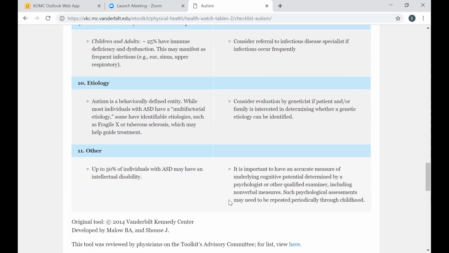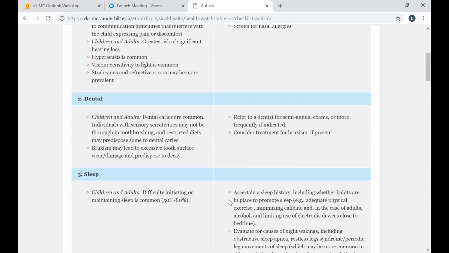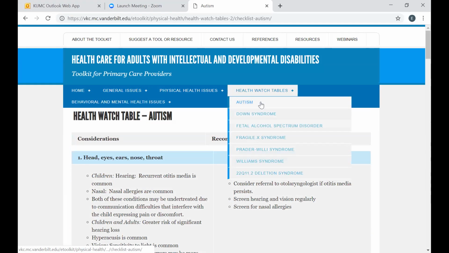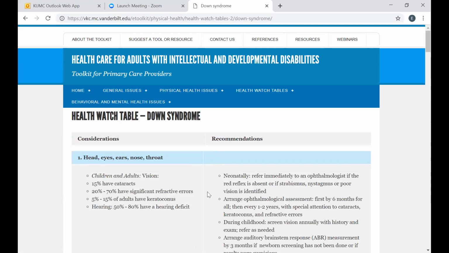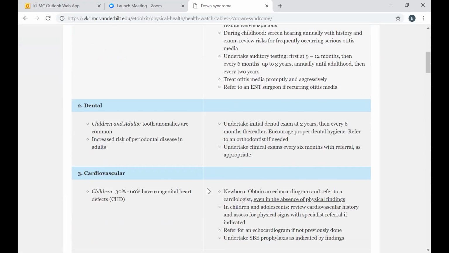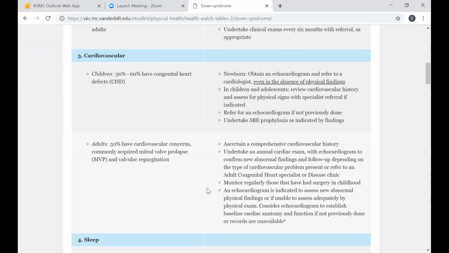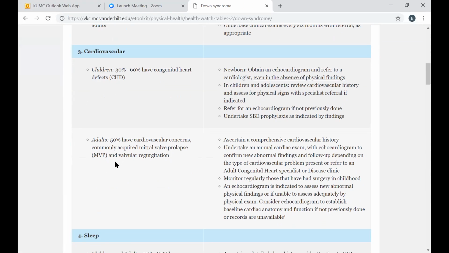So I'm not going to scroll through all that. There's one for Down syndrome as well, and it talks about cardiovascular disease, which might come up as an adult. So if I have someone with Down syndrome transitioning in my clinic, they might have mitral valve prolapse that gets acquired as an adult, something I need to look for.